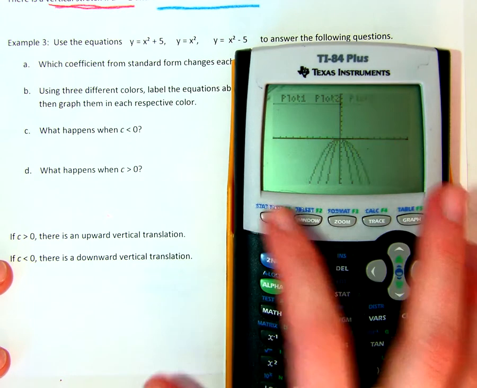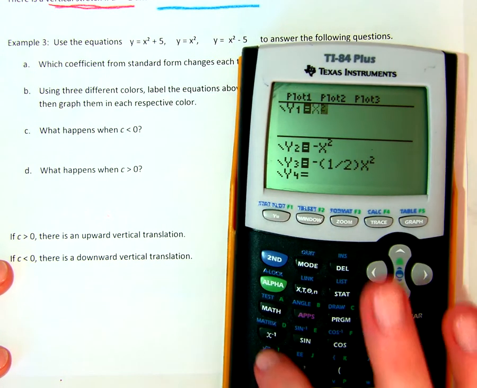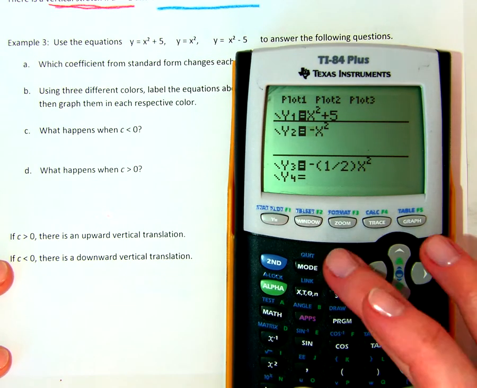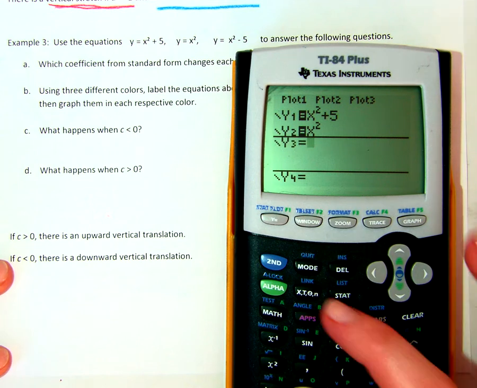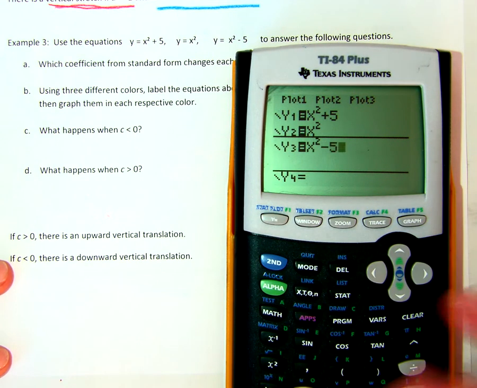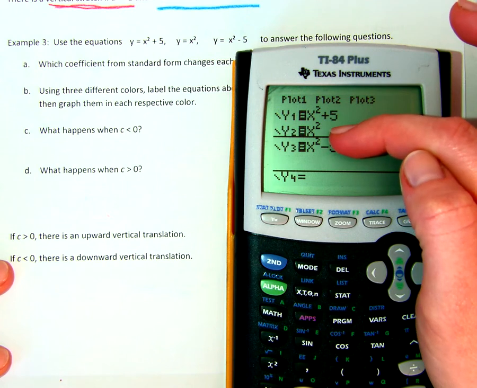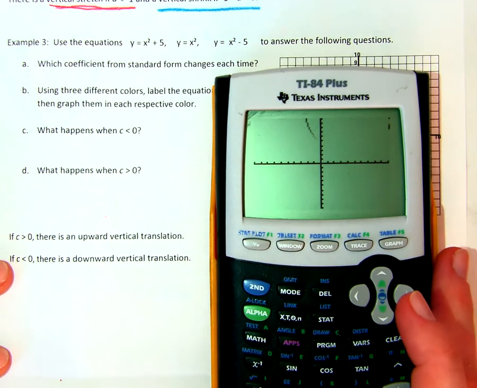So y equals. I have y equals x squared plus 5. I have y equals x squared. And I have y equals x squared minus 5. So my difference is I have a plus 5, a plus 0, and a minus 5. And let's graph them.